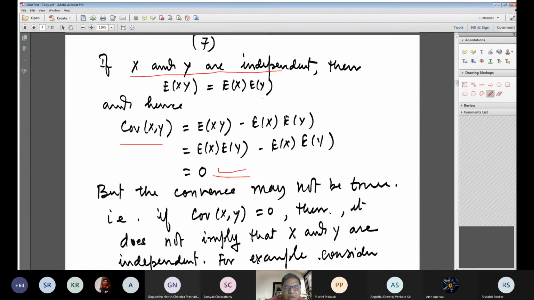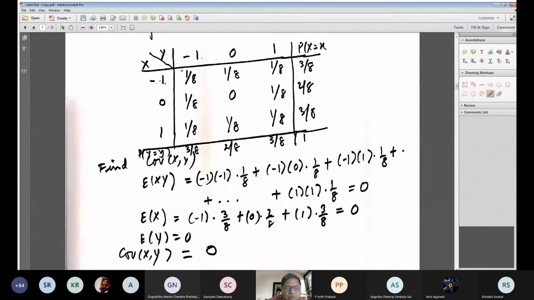E of xy is minus 1 into 1 into 1 by 8, minus 1 into 0, 1 by 8, minus 1 into 1, 1 by 8. Like this you continue, and the last value will be 1 into 1, 1 by 8. Ultimately, if you simplify this, you will get 0.